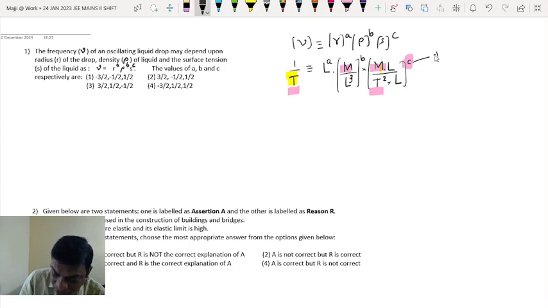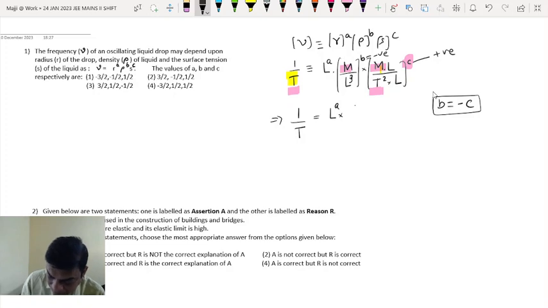So these two observations: C must be positive and B must be equal and opposite to C. So the next line I can write is L to the power A into, I'll take B is equal to minus C, so this will be M by T square, because L gets cancelled here, divided by M by L cube, whole to the power C. So we can see clearly that this is L to the power A plus 3C, whereas this is T to the power 2C.